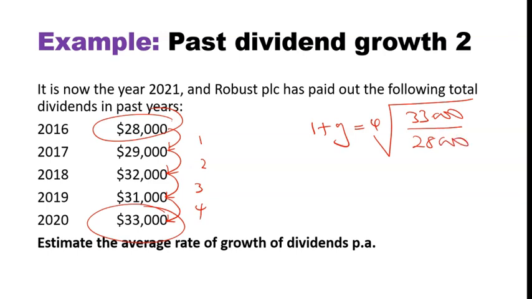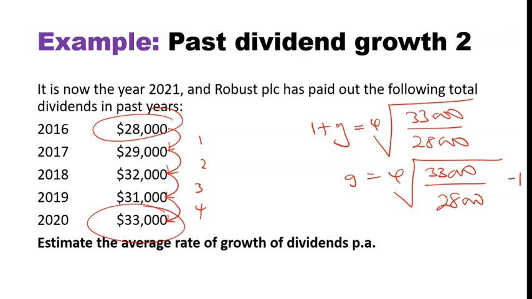Therefore, g becomes the 4th root of 33,000 over 28,000, minus 1. Remember, this minus 1 is not under this root, it's outside.